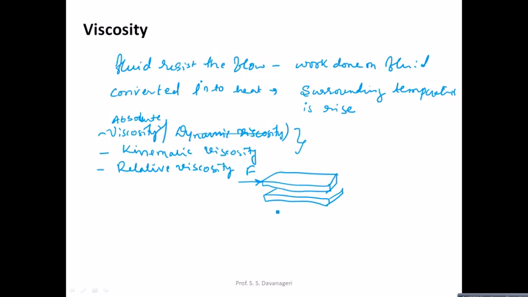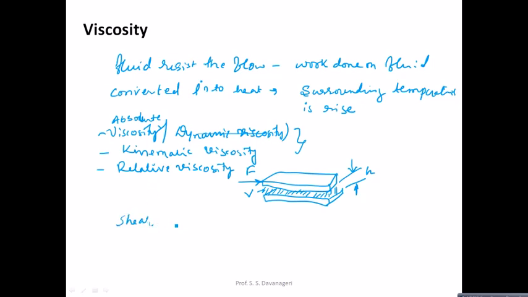Now this is the force required, that is F, with the unit velocity. You have a fluid between these two plates, of unit velocity, that is V. Now the thickness of this fluid medium is H, which is also unit thickness.